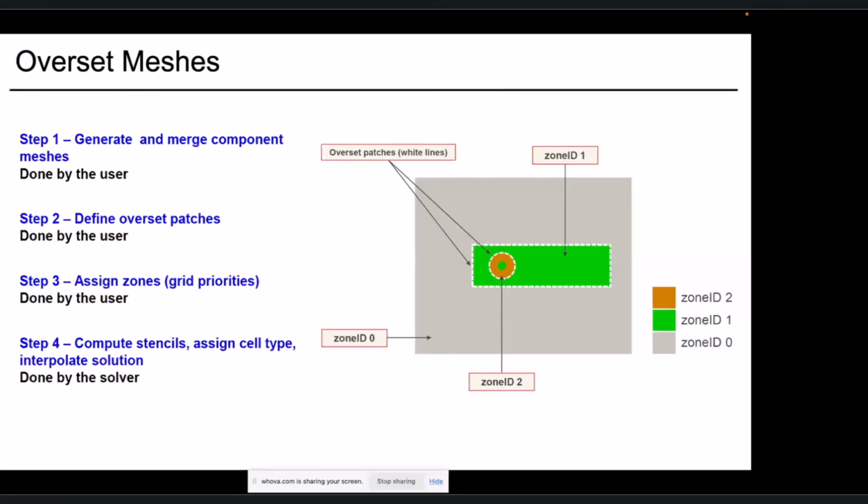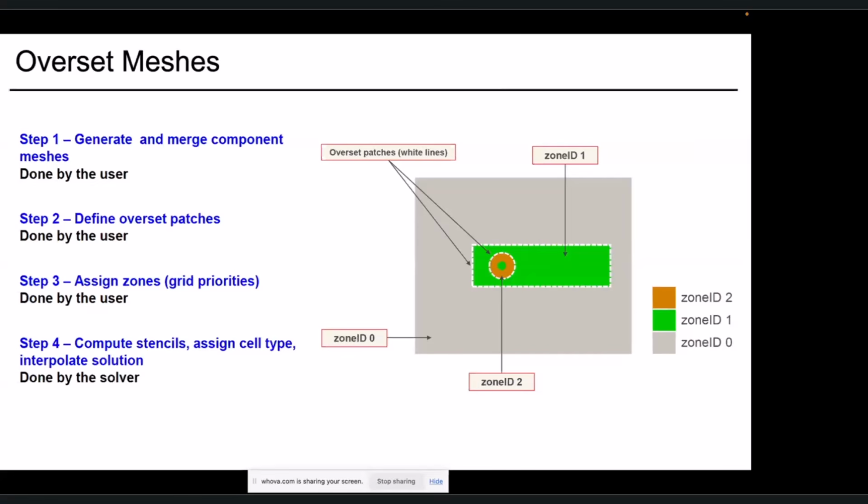All right. So here you can see that in this schematic, we have three levels of disconnected mesh connected through overset patches, which is shown in the white dotted lines. The colors denote that there are three different grid priorities, starting from 0 for the background mesh, then 1 which is used as a refinement zone, and 2 for the overset region.